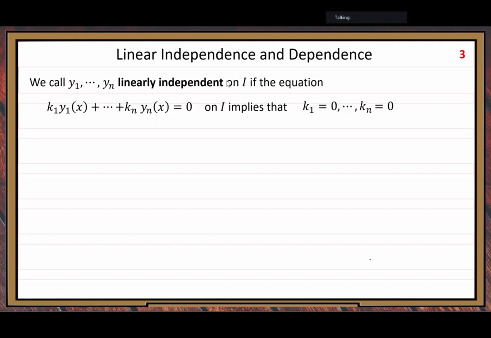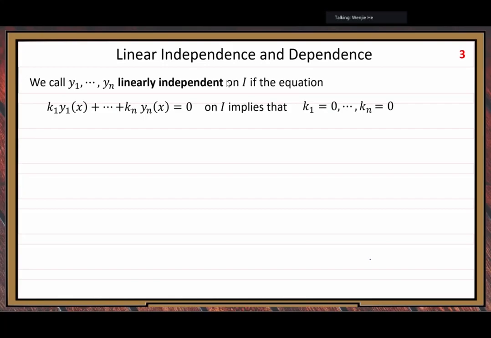So linear independence forces all the k coefficients to be 0.